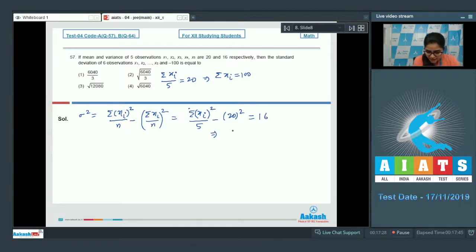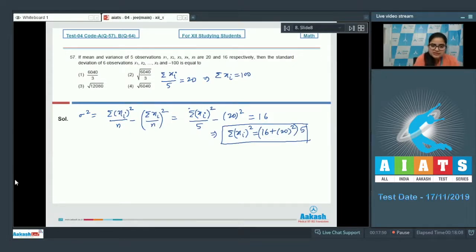So, from here you can calculate summation of xi square, that is equal to (16 plus 20 square) multiplied by 5. Now, you have to calculate the standard deviation of the new 6 observations, that are x1 to x5 and -100.